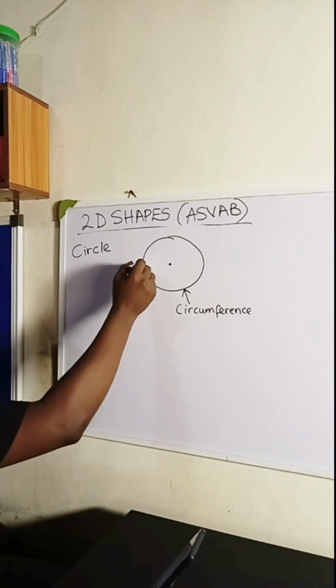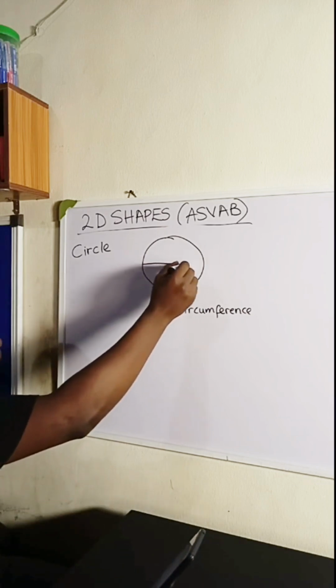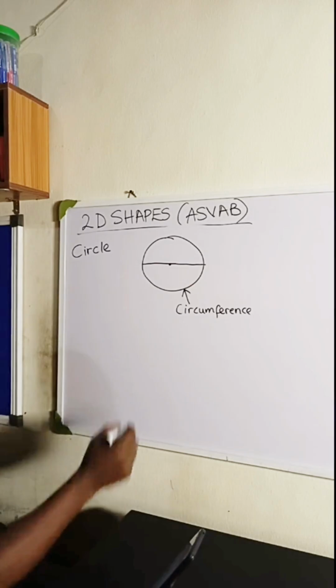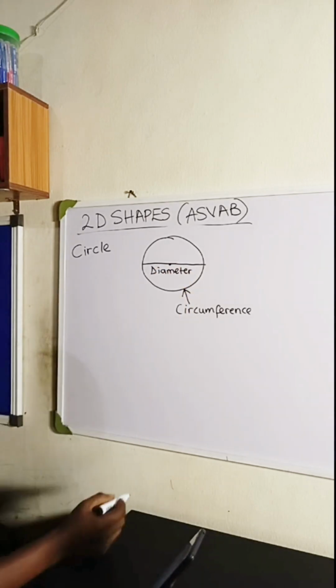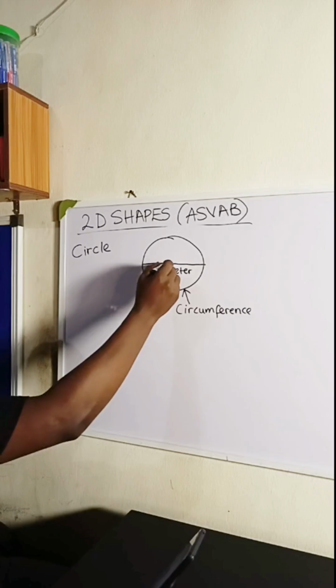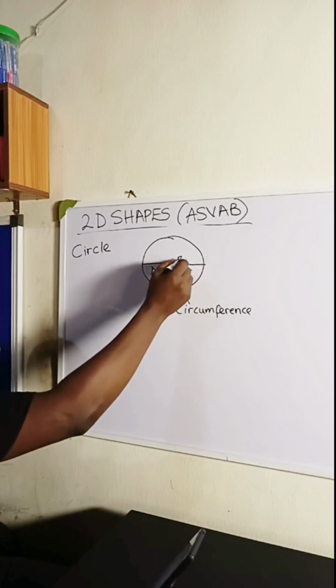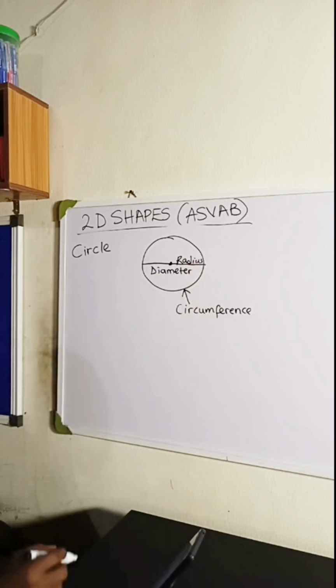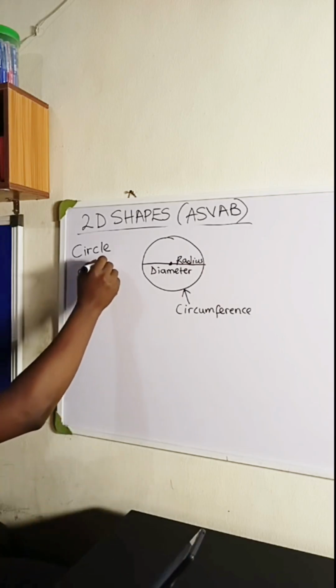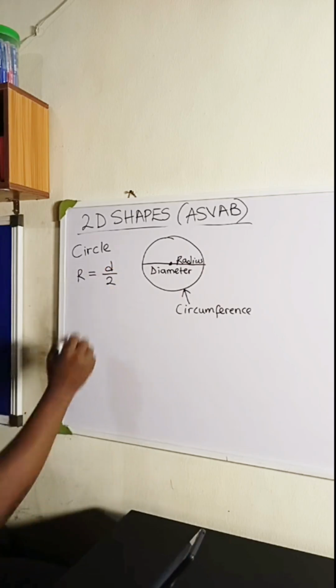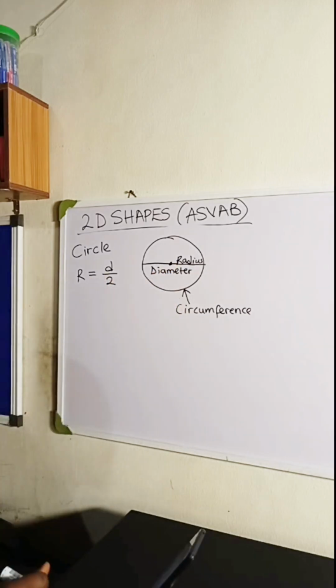When you draw a line from the circumference passing through the center to the other side of the circumference, it is called the diameter. But the line drawn from the center to the circumference is called the radius. So the radius is half of the diameter, diameter divided by 2.